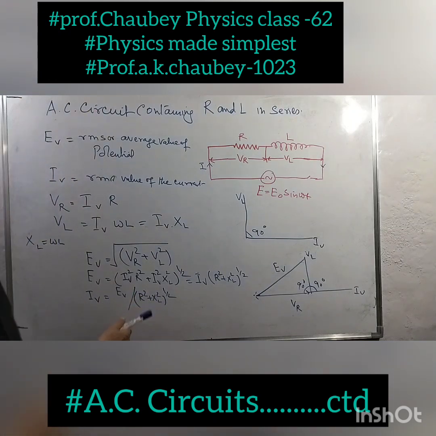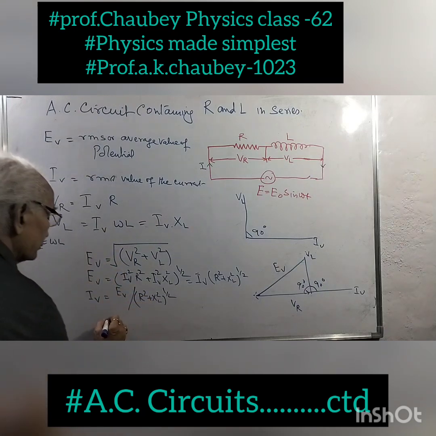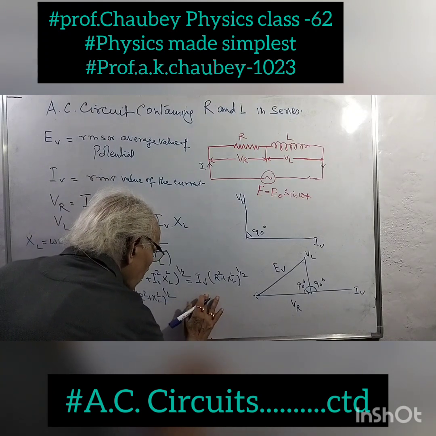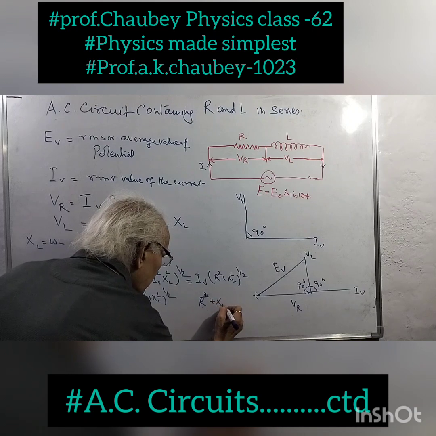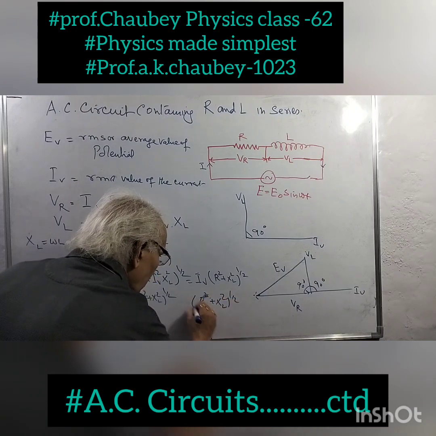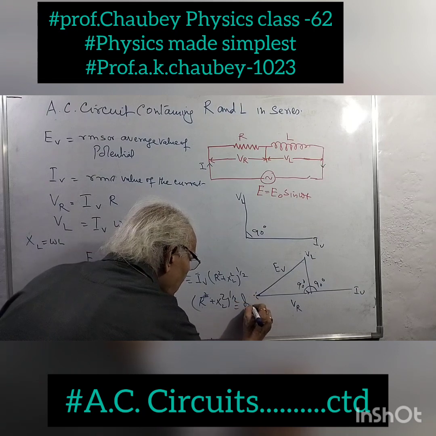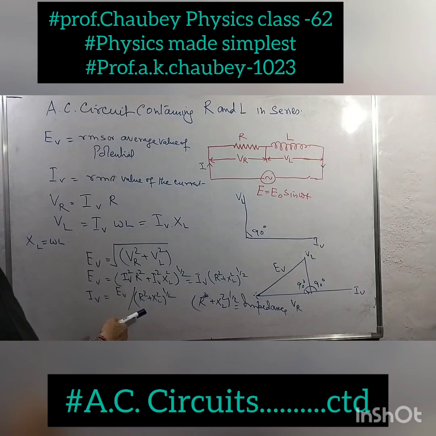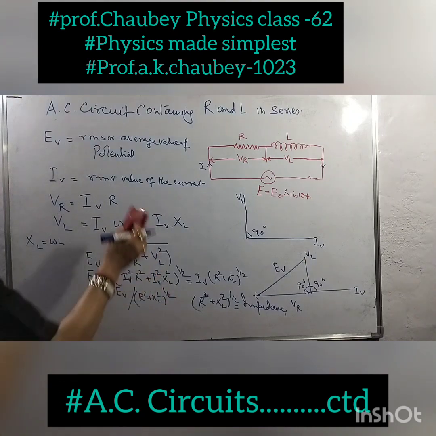This is now the reactance of the RL circuit, you can say, and this is called impedance in fact. So R square plus XL square, to the power 1 by 2, is called impedance, or in crude, non-scientific language, this is the resistance of the RL circuit.